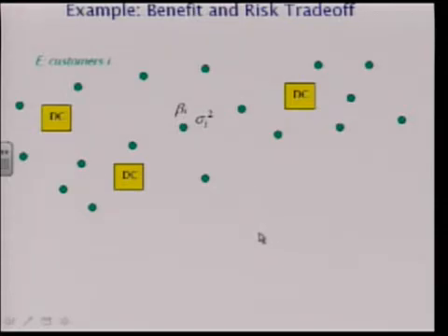If you think about an engineering problem of making a benefit and risk trade-off, you can say these circles are maybe some sensors you want to deploy to the field.